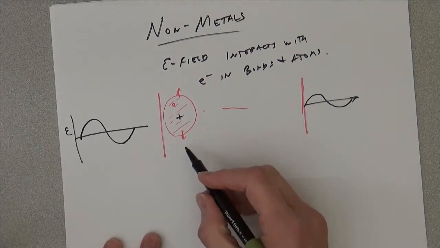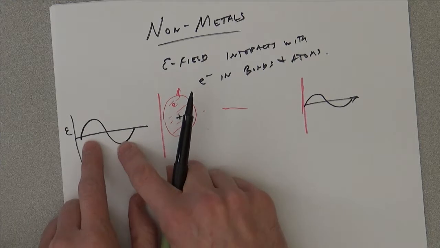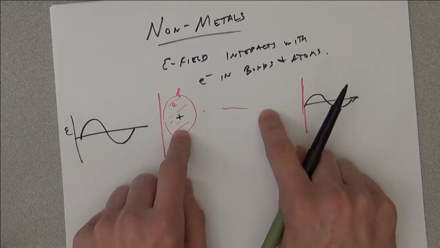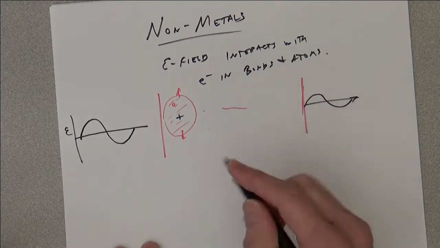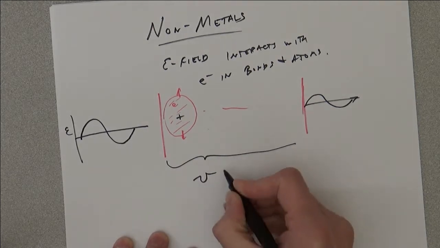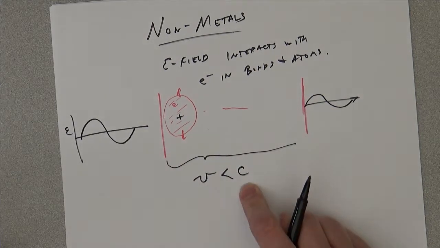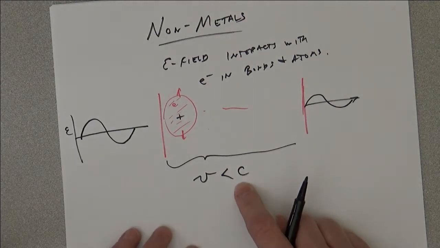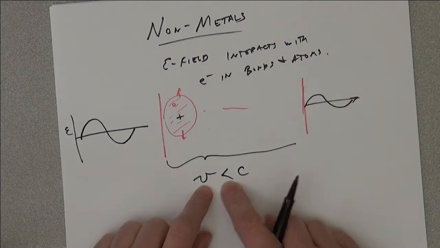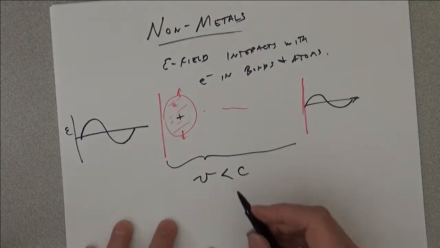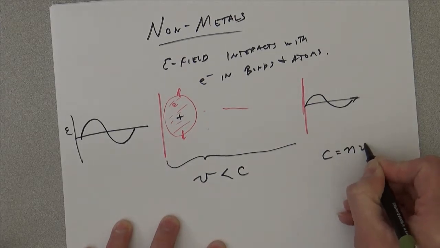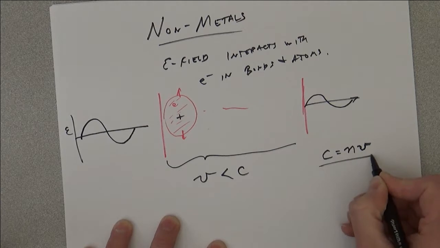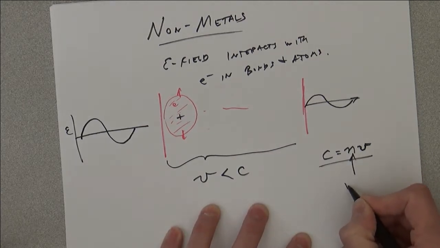As a result of this, you can certainly imagine that a wave traveling in vacuum or air will have a different velocity than the electrons that are in the material. And the velocity, of course, is going to be less than the velocity of light in a vacuum, and they can be related via what we call the index of refraction. So c is equal to n v, where n is the index of refraction.